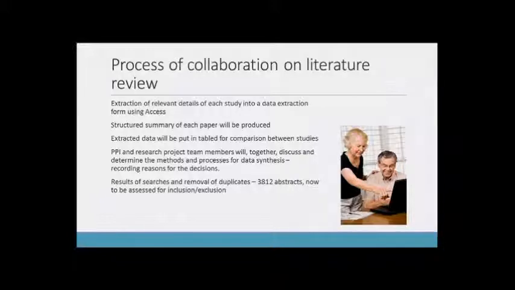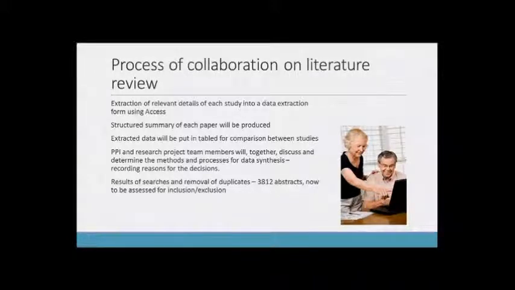But we're hoping that the collaboration on the literature review will go forward, and that we will have an accessible way of having summaries of papers that people can then discuss and that can be made meaningful, so that we can pull out what is meaningful and important to our PPI team members.